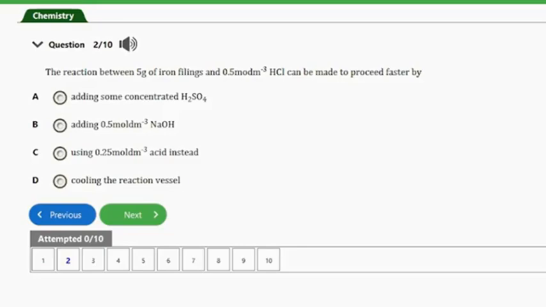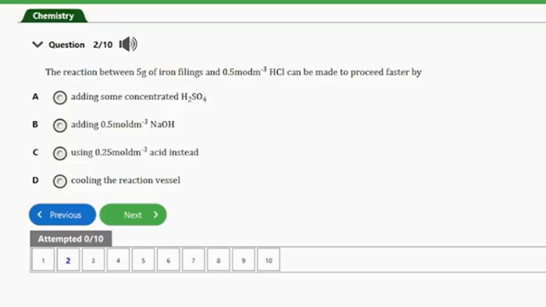So guys, the answer to this question will be option A here. The rate of chemical reaction is directly proportional to the concentration. So the addition of some concentration will increase the rate of the chemical reaction.